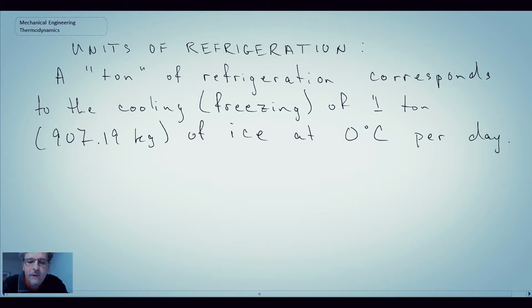So a ton of refrigeration corresponds to freezing 907 kilograms of water at 0 degrees C into ice at 0 degrees C per day. So it's going through the phase change process, and that is what we refer to as being a ton. If you're buying an air conditioner for a house, for example, quite often they'll say it's 2 or 3 tons, and that's what they're referring to with that specification.